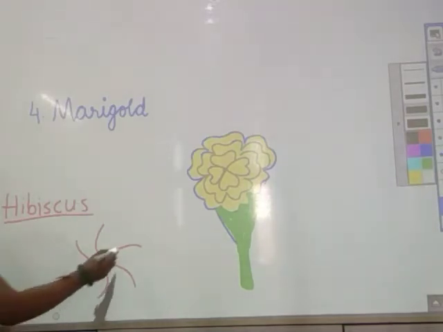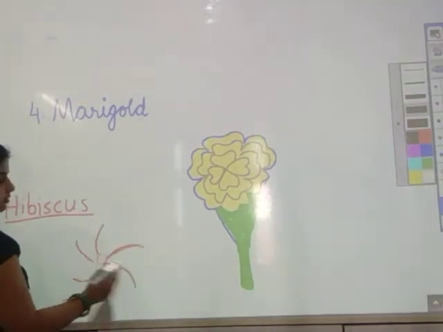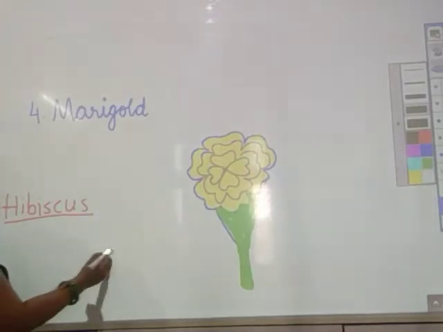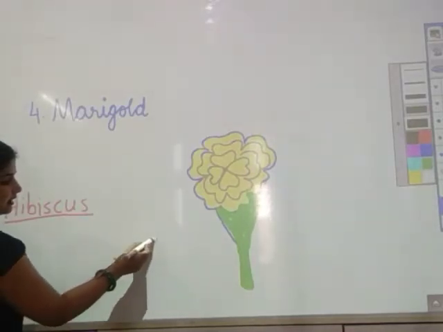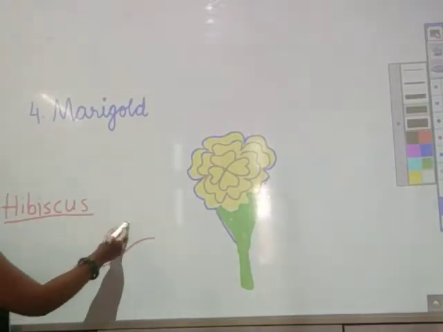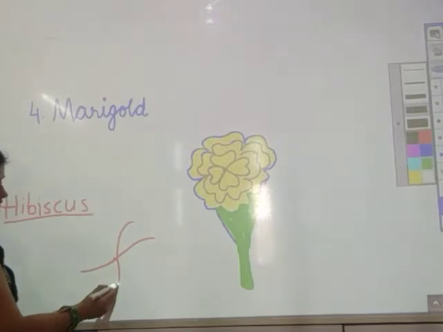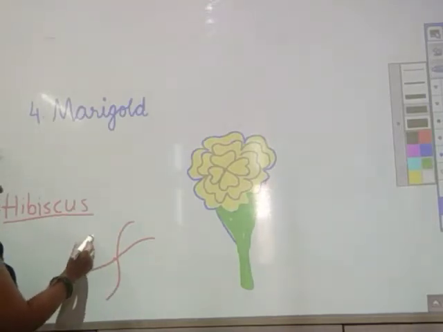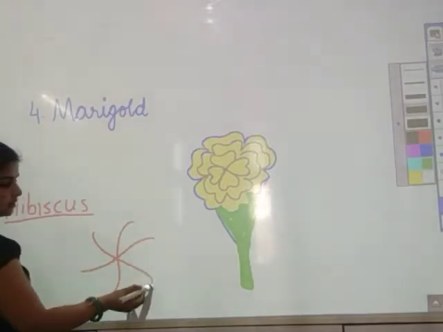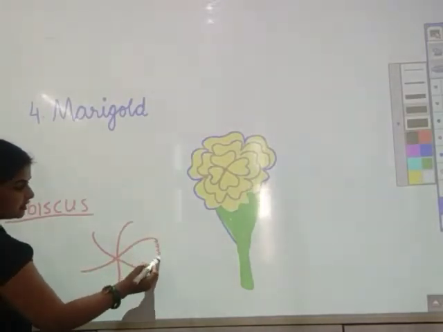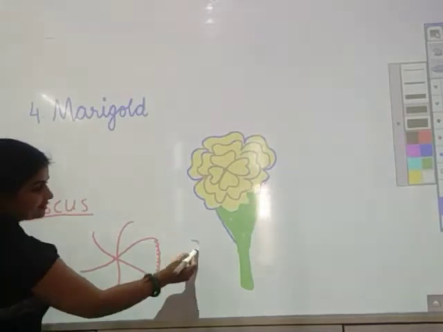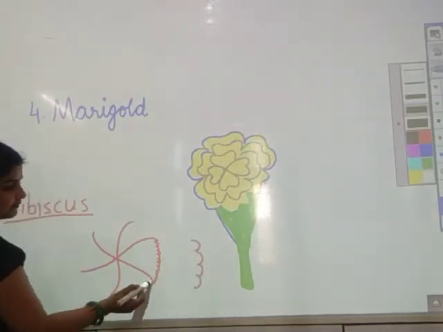Or you can do, what you can do? Take a point and make an S kind of structure like this. S. And from here to here you have to join it with the help of curves like this. ऐसे curves बनाने हैं. Okay.